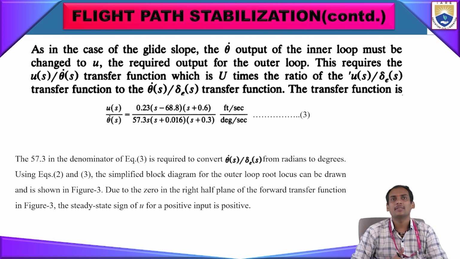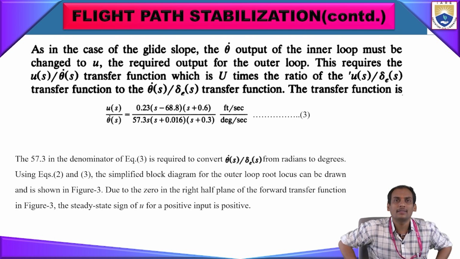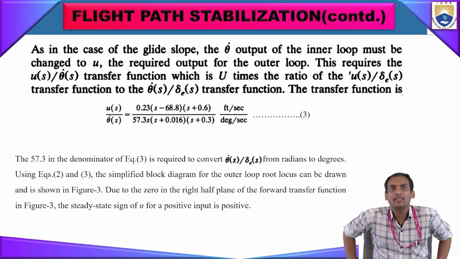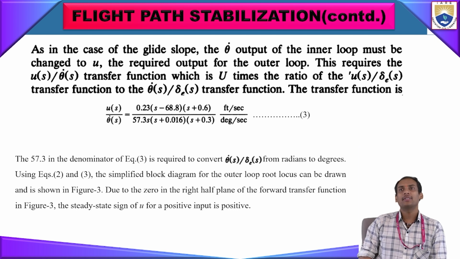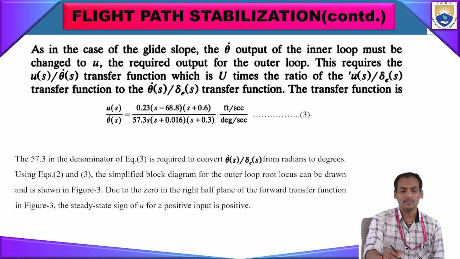will require u of s by theta dot of s. That is the transfer function which is u times the ratio of theta of s by delta e of s. The transfer function theta of s by delta e of s will be given like this.